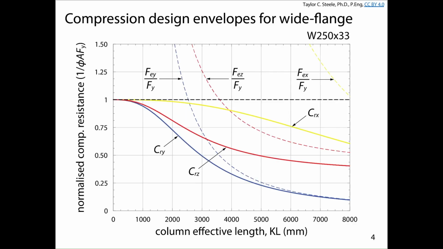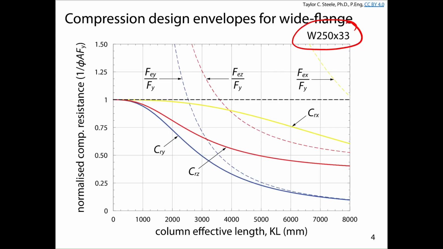And what's important to see here is, if we multiply everything through by whatever AFY is equal to, basically these curves give us the answer for a compressive resistance for a bunch of different effective lengths. So if we know the answer, for example, for a W250 by 33, we know the answer for resistance about the different modes of buckling for different effective lengths. That's going to make our job easier, and I'll come back and talk about that momentarily.